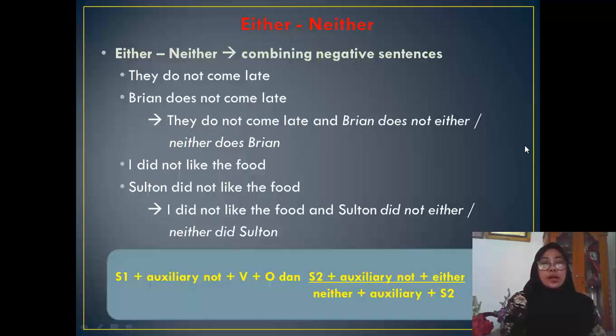And for the next one, when you want to use either, before either you must put your sentence in the negative: auxiliary plus not, and then either. Meanwhile, for neither, you can use the positive form here because neither already contains not. So neither, not either, doesn't need the word not later. Okay.